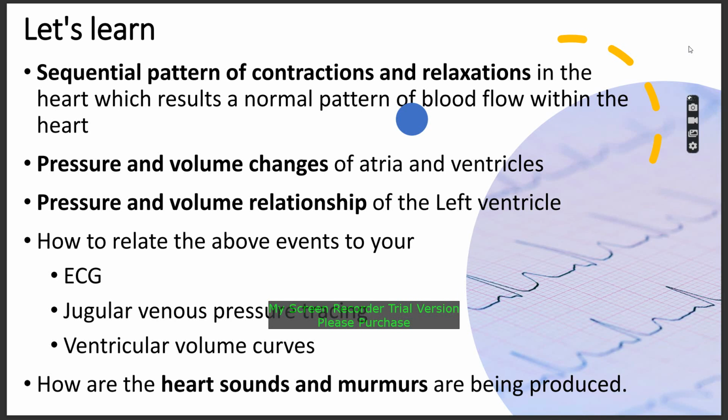So we will be learning the sequential pattern of contractions and relaxations in the heart, which results in a normal pattern of blood flow within the heart, the pressure and volume changes of the atria and ventricles, and the pressure and volume relationship of the left ventricle.